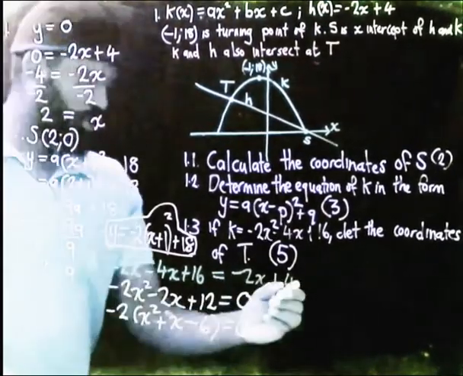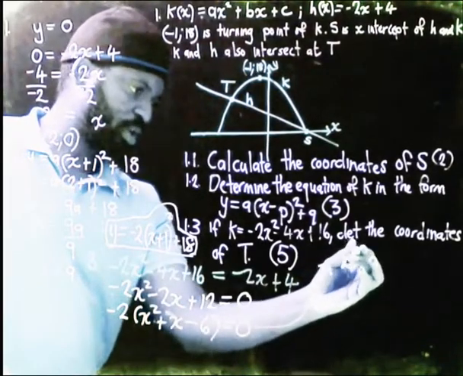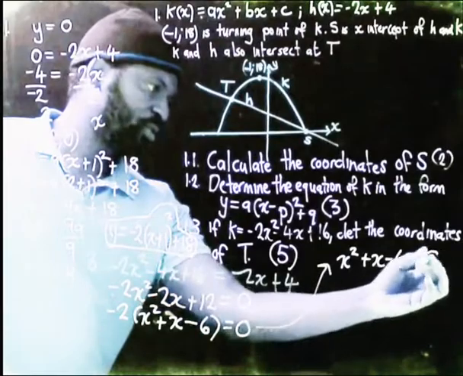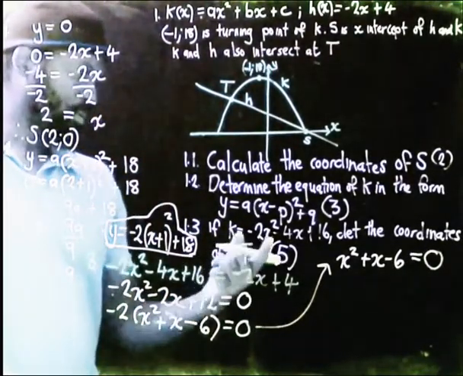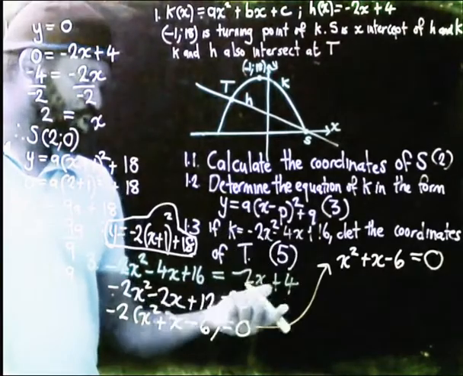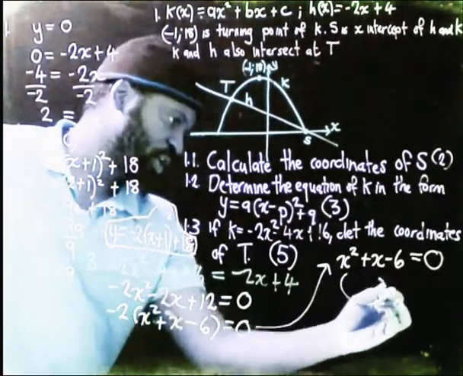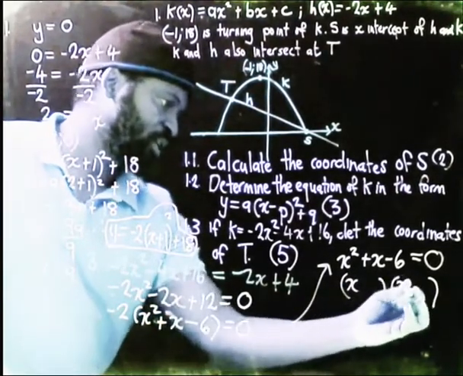So now I want to solve this equation that says x squared plus x minus 6 is equal to 0. It should be fairly easy to solve. We've spoken of how to solve quadratic equations in one of our videos, so this should be straightforward. You can get two brackets, put x and x.